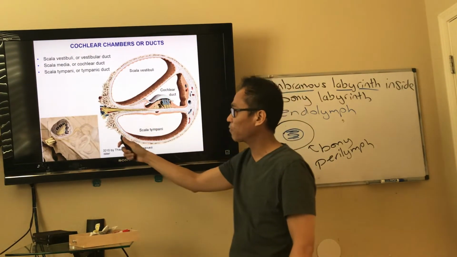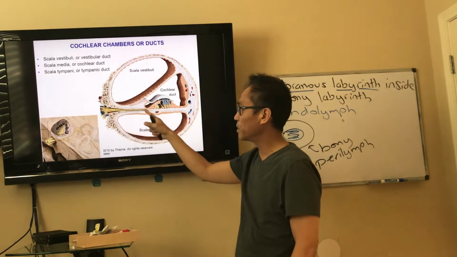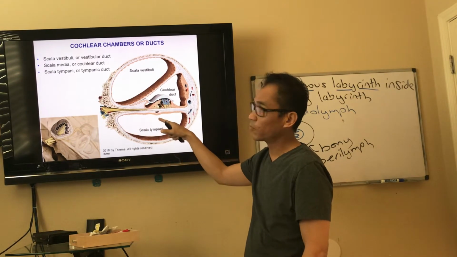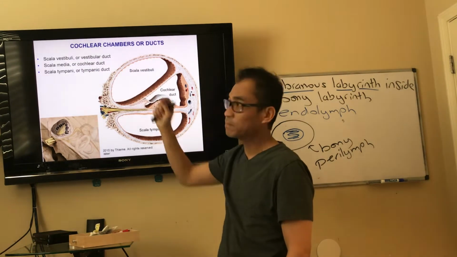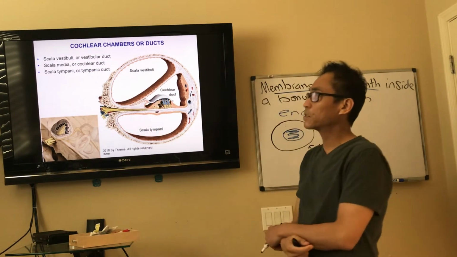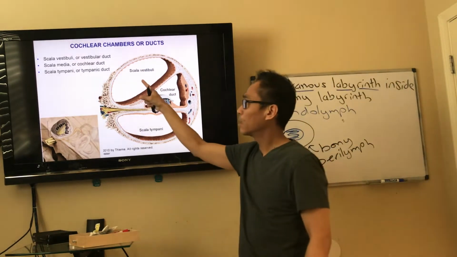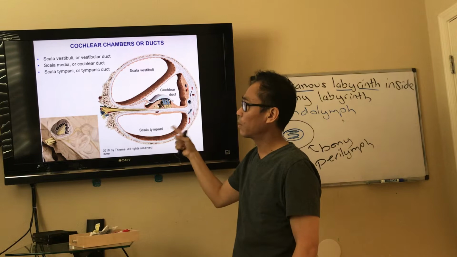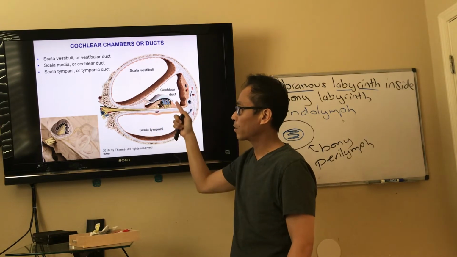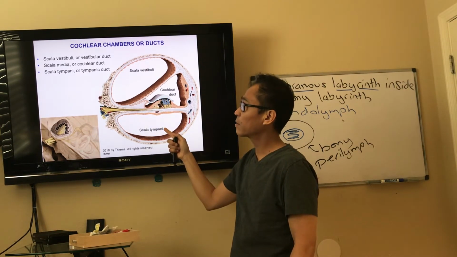And you can see how the nerve fibers are kind of going in to innervate this organ of hearing right there. So this organization is divided into 3 chambers or scala or ducts called scala vestibuli, scala media, or scala tympani, or you could call it vestibular duct, cochlear duct, tympanic duct.